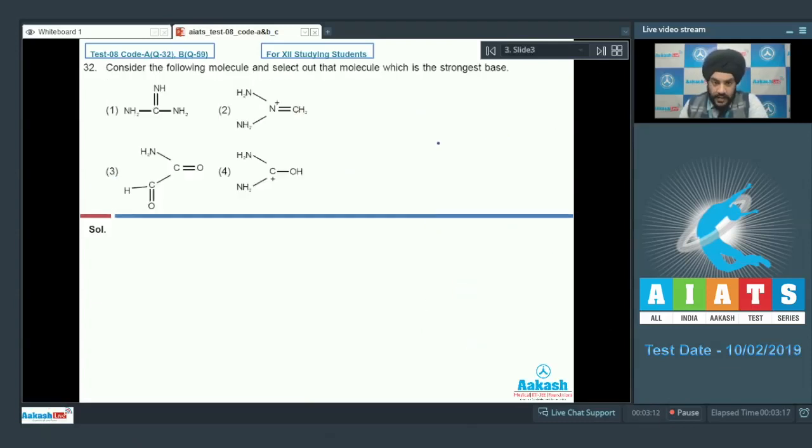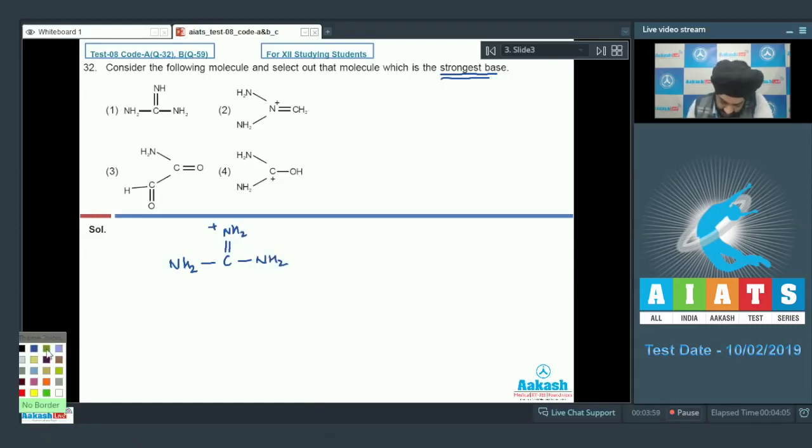Question number 32. Consider the following molecule and select out that molecule which is the strongest base. So the examiner seems to be interested in the basic strength of these structures which are given to us. So if we look at the structures which are given to us and if we try to draw the conjugate acids, we're going to have these structures. So in the first case, we'll have this structure.